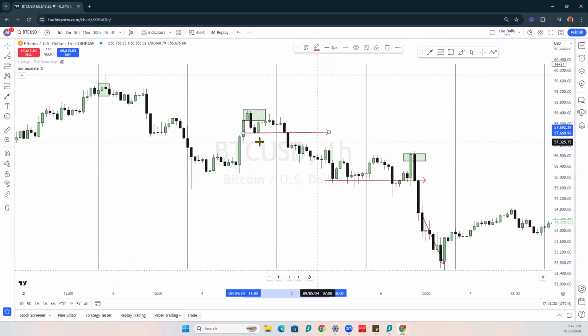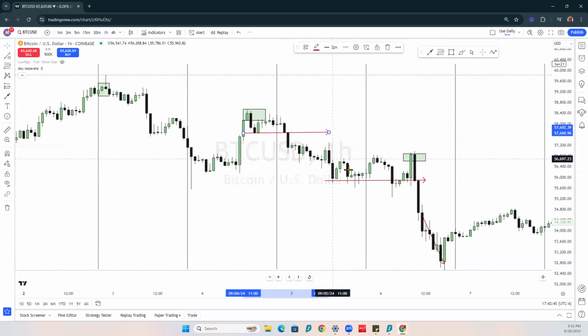Within this neckline, the market on the next day broke the neckline and tried to come back and touch it with this wick, black candle here that wicked up a little bit. And this is where you try to capture a couple of pips.